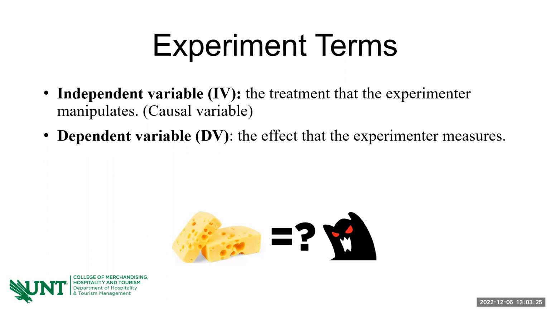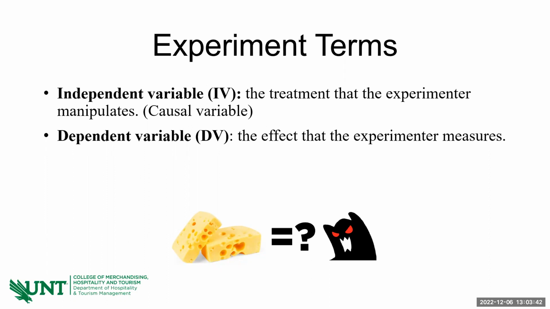So it's not something you use a survey to measure. It's more like a manipulation, a treatment. You give it to your participants. And the dependent variable is the one that you measure.